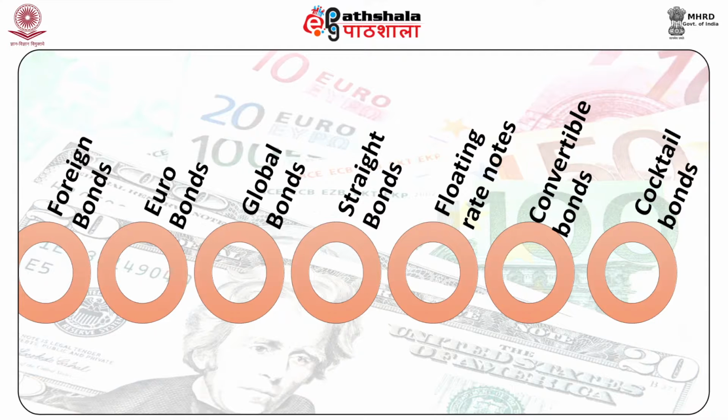An FRN offers interest of LIBOR plus a quoted margin or spread. The rate of interest is revised at regular intervals, usually every 3 or 6 months, to show the changes in rate of short-term money market.